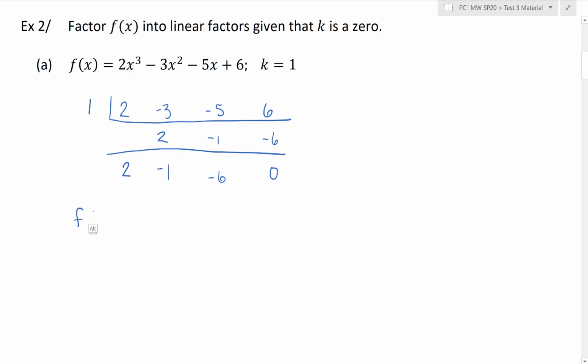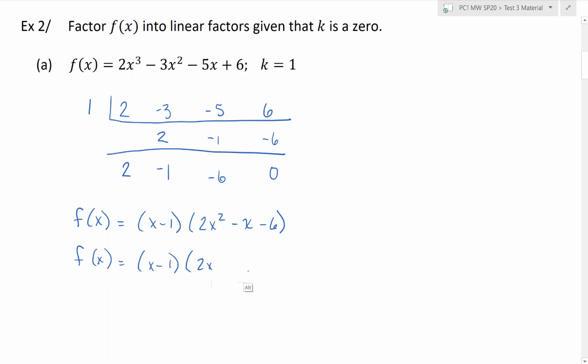So we can partially factor our polynomial as x minus 1 times 2x squared minus x minus 6. All right, now we have this down to a quadratic, and we can factor that.